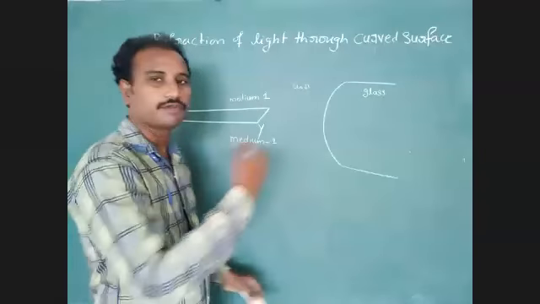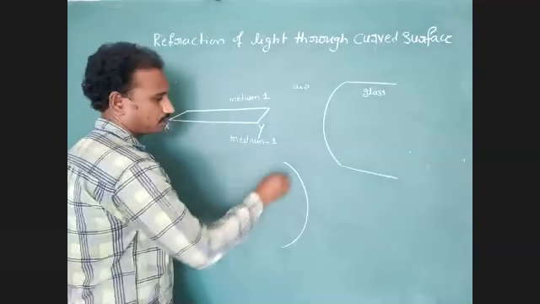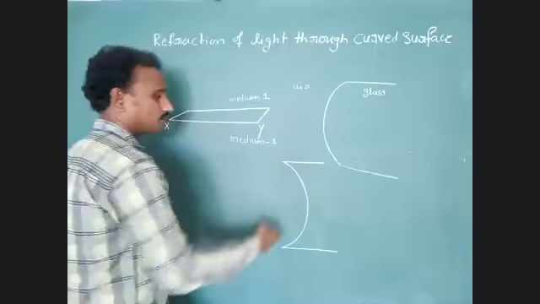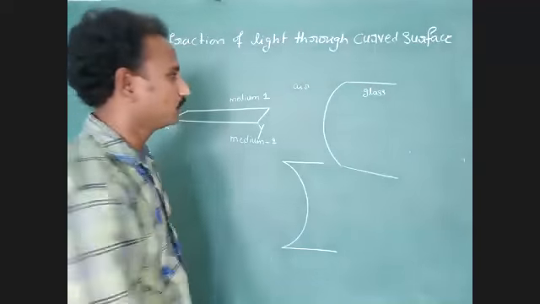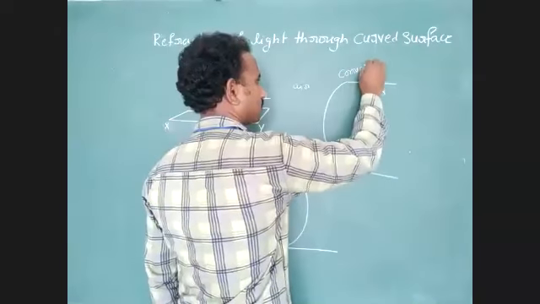Next, one more refracting surface we have to identify. This refracting surface is generally represented like this. The surface is called a concave curved surface. This one represents a convex curved surface.